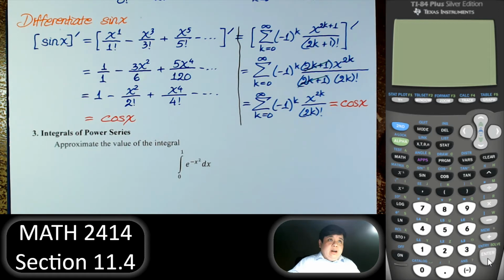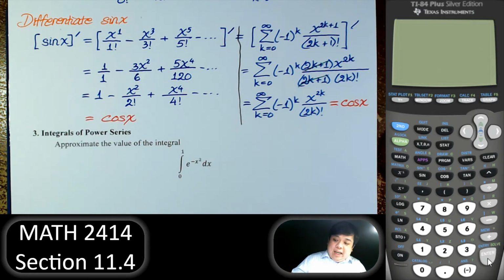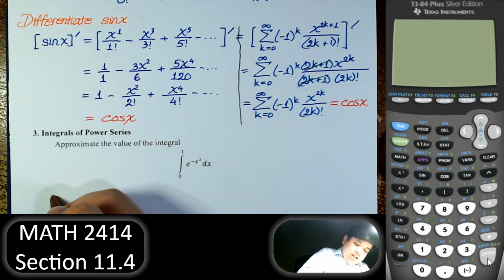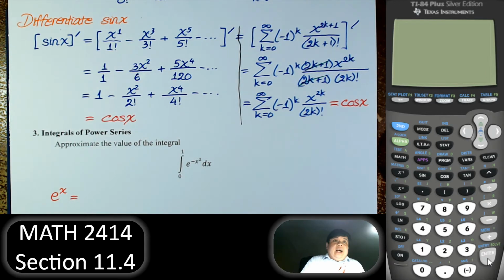Right, first, what is the power series for e to the x? Now, e to the x, we have all the powers of x, compared to sine on the odd powers and cosine on the even powers. e to the x has all the powers.